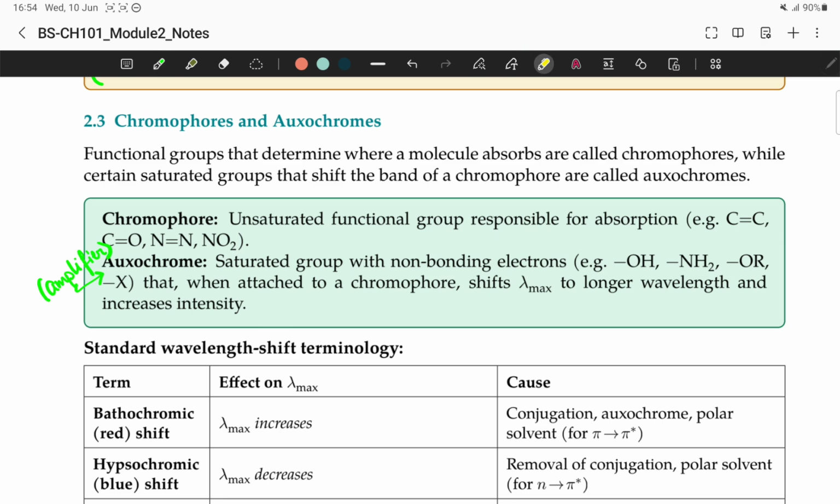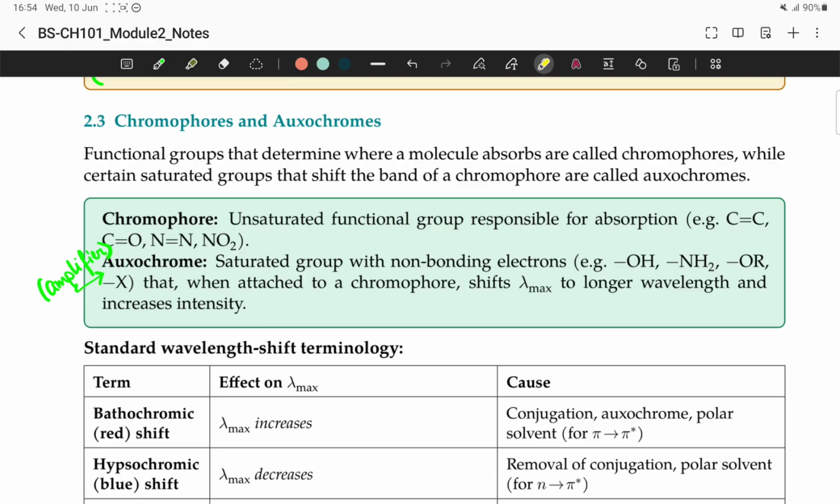You can see that non-bonding electrons are present over here, lone pairs. When attached to chromophores, these lone pairs are pushed into the chromophore, shifting the absorption to longer wavelength and increasing its peak intensity.